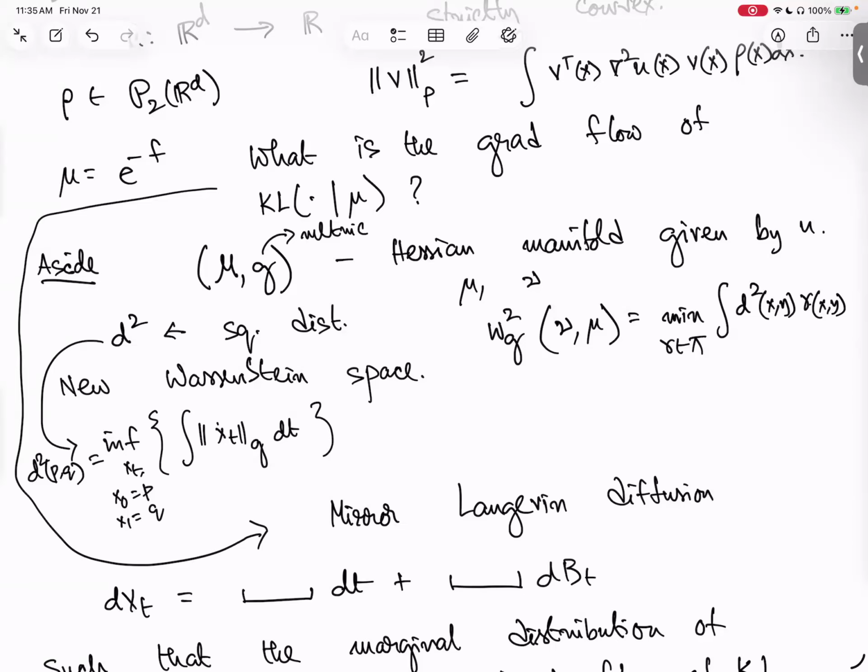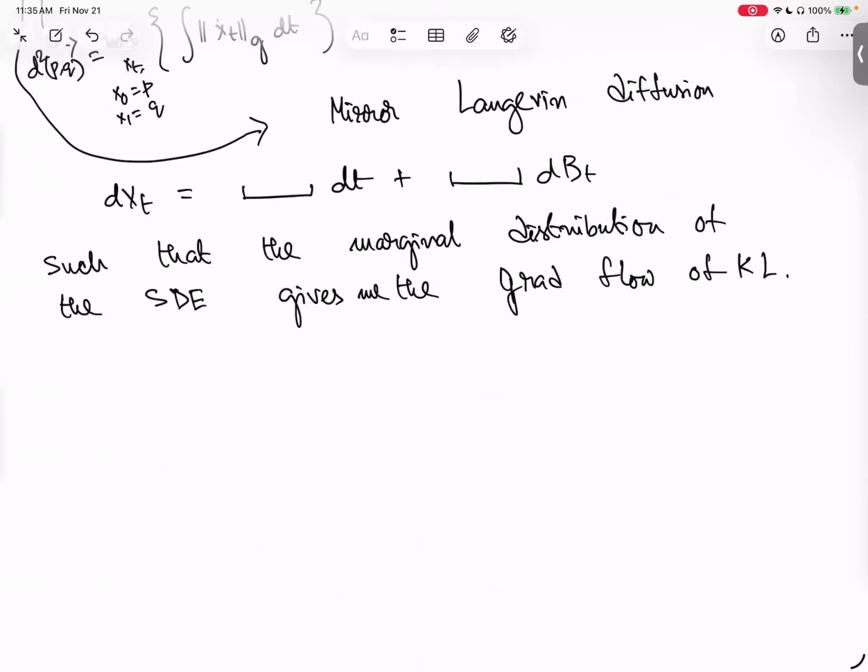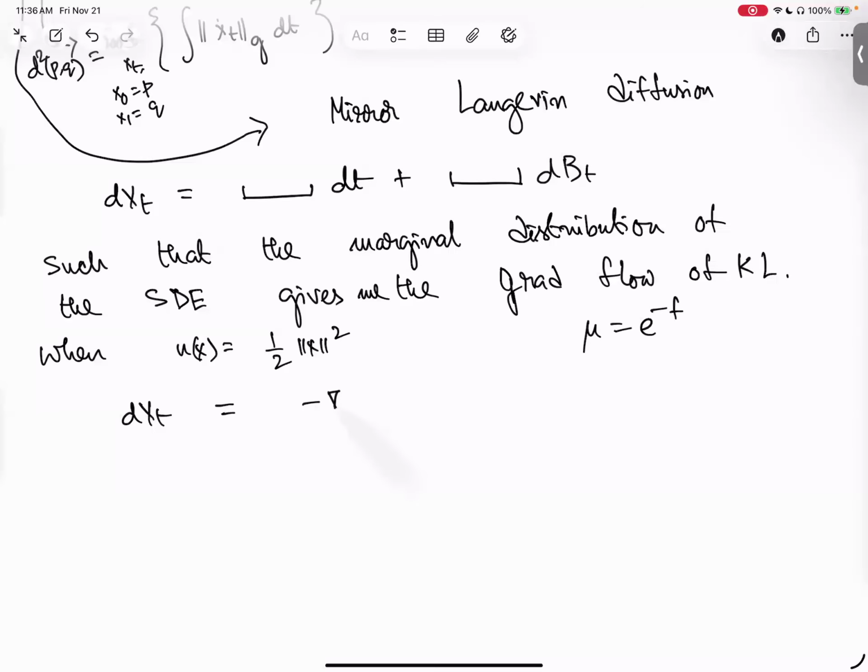So when U of x is equal to 1/2 norm x squared, and mu is e to the power minus f, I get dX_t equal to minus gradient of f of X_t dt plus square root of 2 dB_t. Okay, that's what I get from here.